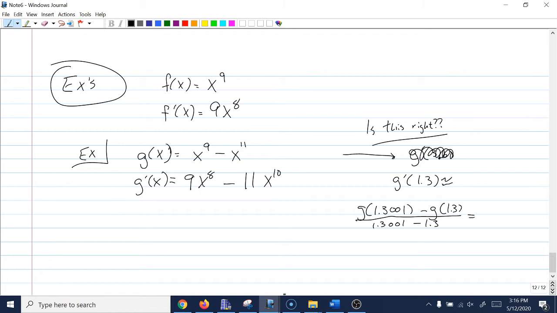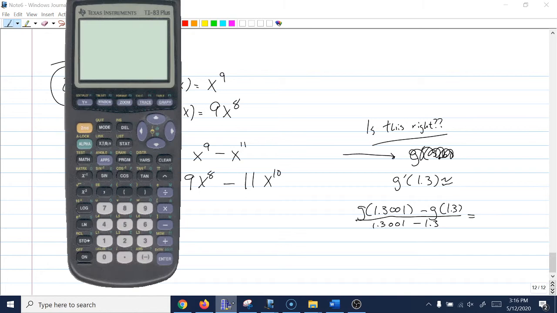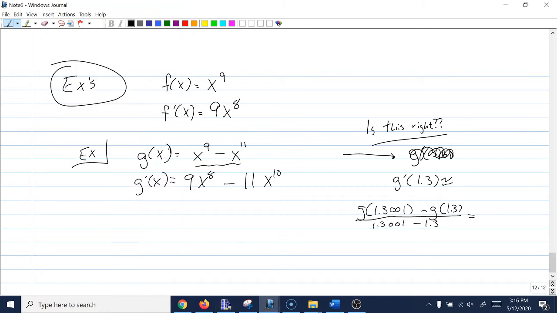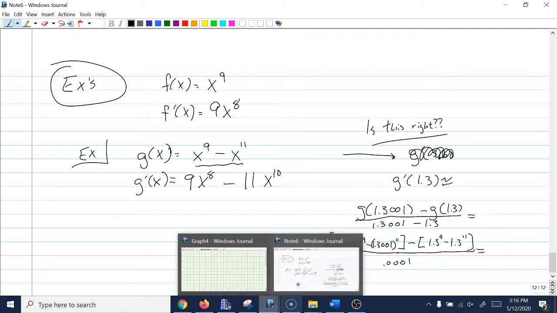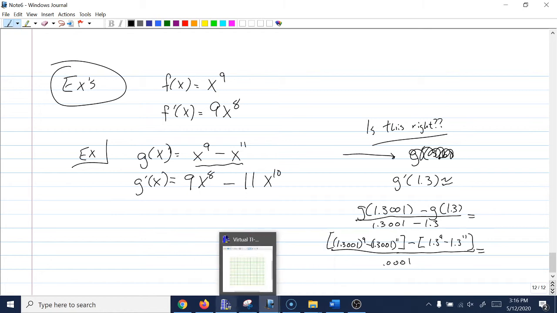What do I get when I do that? Let's use the calculator. What's my function? My function is x to the 9 minus x to the 11. So this is 1.3001 to the 9 minus 1.3001 to the 11, minus 1.3 to the 9 minus 1.3 to the 11. Divide all that by 0.0001. There's an extra 0 because we're that far from the decimal point.